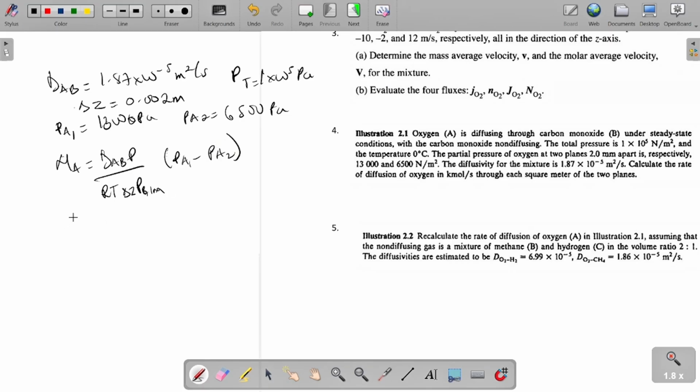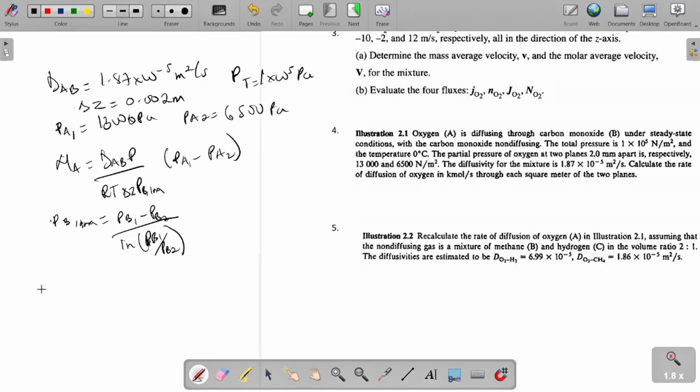This one is much easier for you to solve. The PB logarithmic mean becomes PB1 minus PB2 divided by ln of PB1 over PB2. So this actually gives me that value.